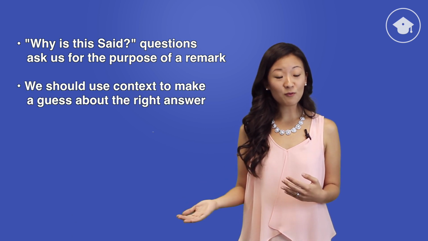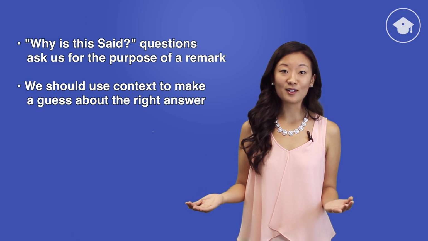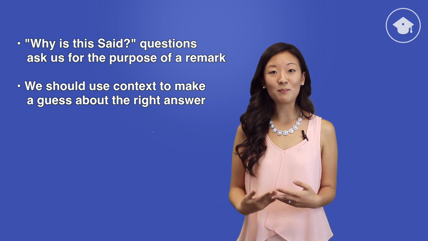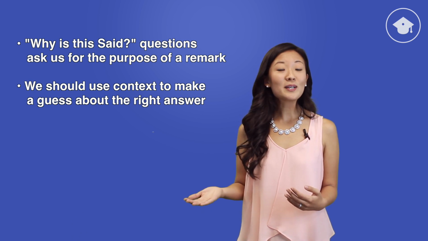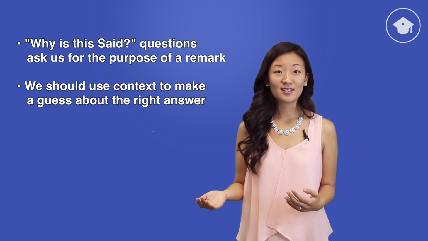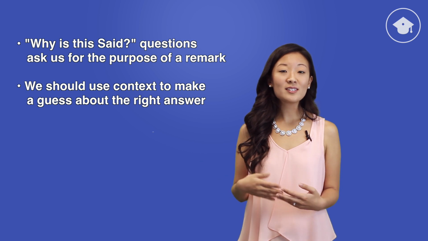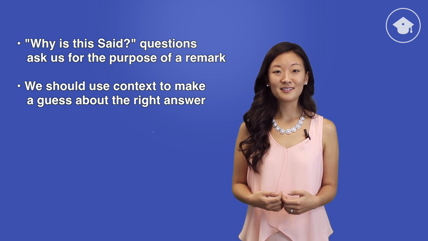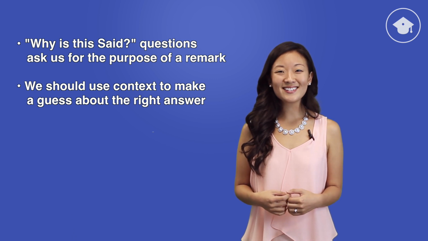What's said just before and just after the remark. We can then use the context to make a guess about the right answer before we even look at the answer choices. Then, the answer choice that matches our guess will usually be the right one. That's all there is to it.